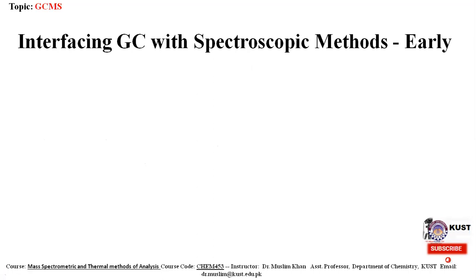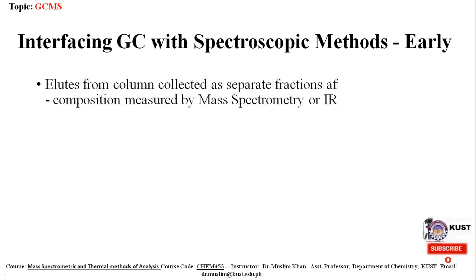Early on, interfacing GC with a spectrometric method was a problem: how to interface GC or HPLC systems with MS online. It was very difficult to make it online because GC or HPLC was working at high pressure, while an MS needs a vacuum.